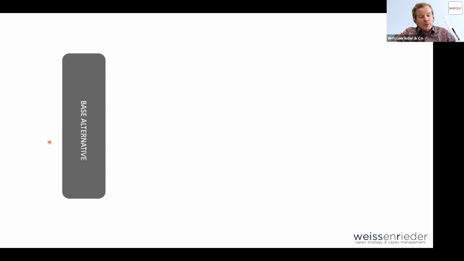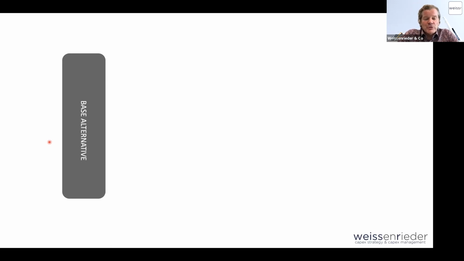It's very specific how we do this. But what you do is that you end up with a base alternative for each mill. So it's done for each mill, and then you aggregate it to the division or to the group level, corporate, whatever. And that's your starting point.